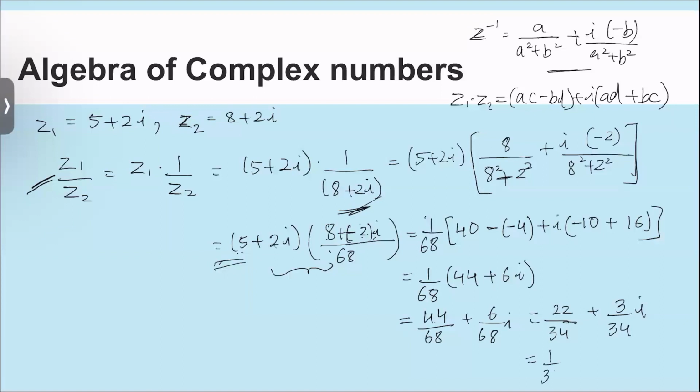Further simplified, 22 plus 3i. So this is what we get when you want to divide two numbers. Now let's see some more complicated examples of multiplication.